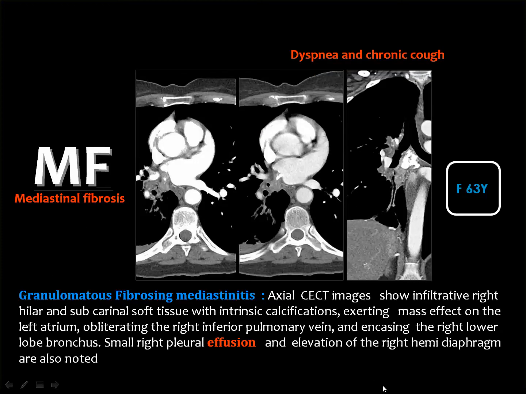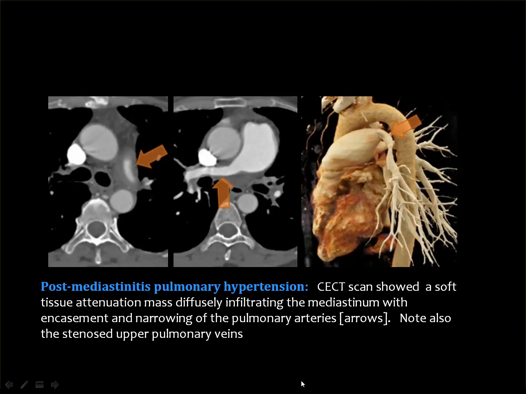And this is an example of granulomatous fibrosing mediastinitis with a mass encasing the right main bronchus and also affecting the pulmonary veins entering the left atrium. The mass shows the classic appearance with parenchymal calcifications, as you can see.